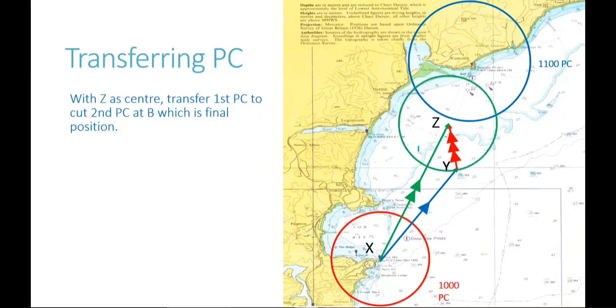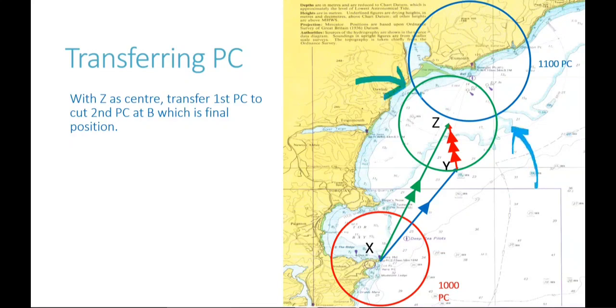This transferred PC has now been transferred to 1100 hours. The green position circle says that the vessel's position lies somewhere on this circle at 1100. The blue PC says that the vessel's position lies somewhere on the blue position circle. There are only two positions which fulfil this criteria, this one and this one.